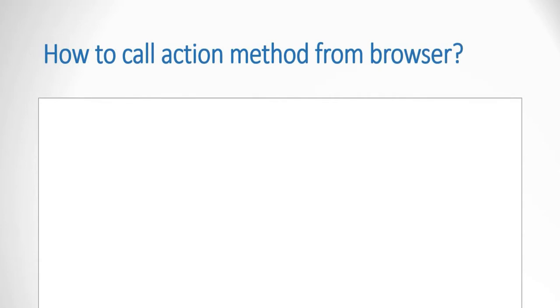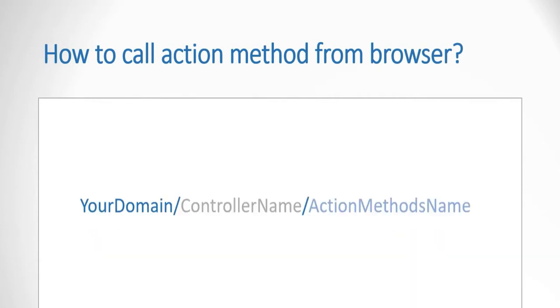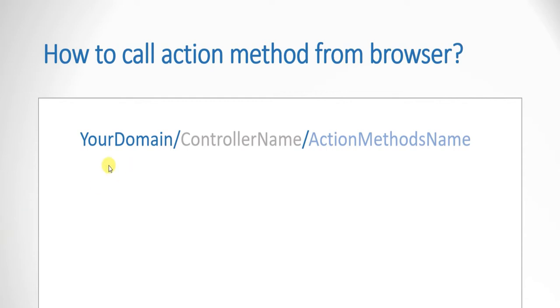Now how do we call an action method from the browser? First we use the domain, then the controller name, then the action method name.